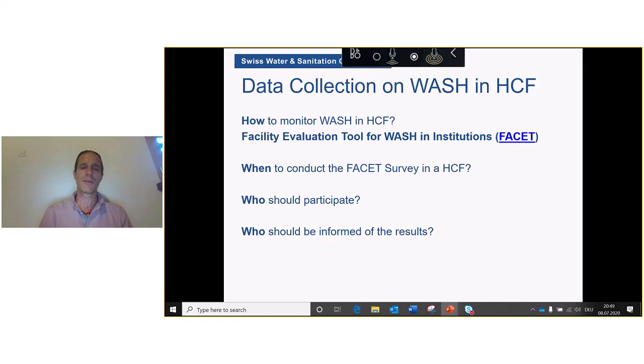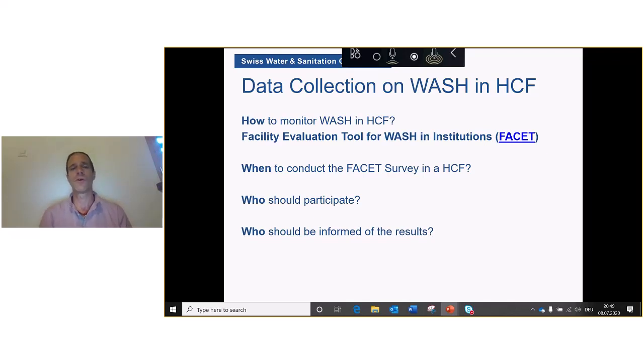About the question of when to conduct the FACET survey, if we're talking about in a day, it's important to know when there are peak patient flows in a healthcare facility, when the healthcare facility staff and resources might be needed more to attend to the patients. So we want to ensure a quality of service, and in that sense, get a feeling for when would be a good time to approach the healthcare facility staff about doing a survey and what times you should avoid.